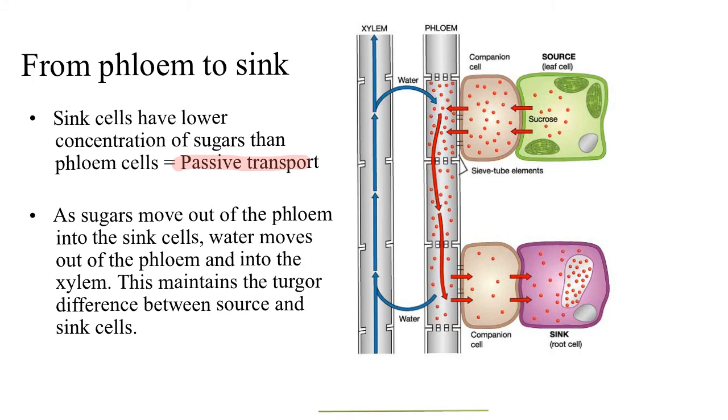And because sugar, our little red molecules over here, are leaving the phloem, then what you're going to end up with is water going back into the xylem. What this means is that you're going to maintain that turgor difference up here by the source and down here by the sink. And so if you're always maintaining that difference in turgor pressure, then it's going to allow the pressure flow model to keep working.